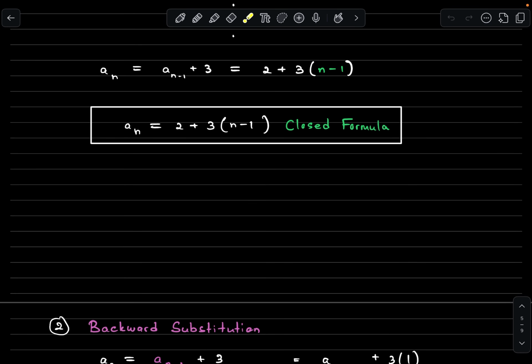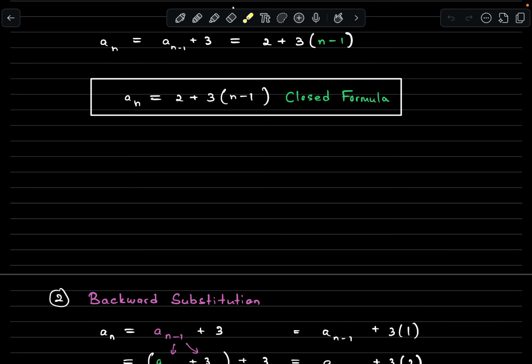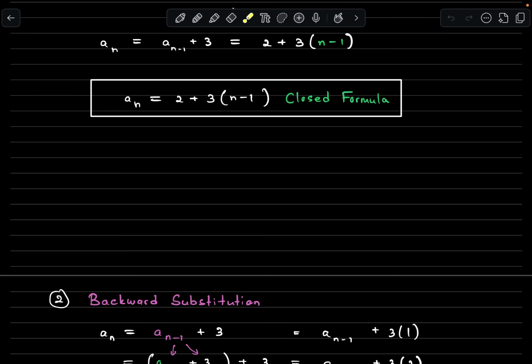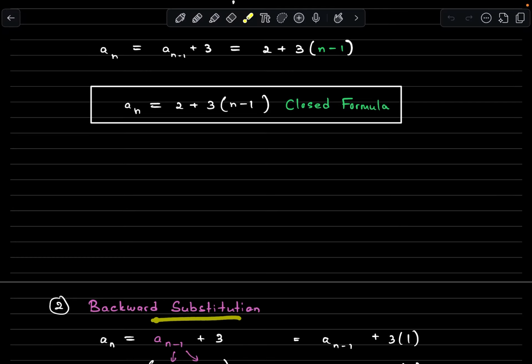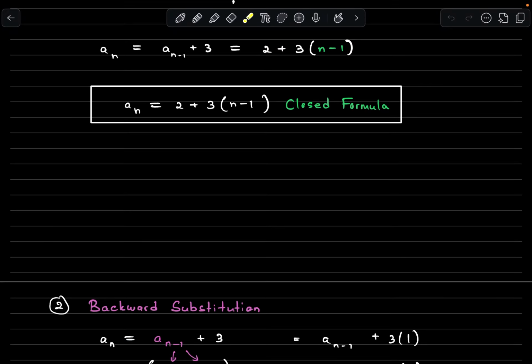So for the same example, let's consider another method. It's called backward substitution. And in some cases, you might find this simpler. In other cases, it might be more difficult, but this is another approach to how we can figure out what that closed formula is. So now we start with that nth term recurrence relation, okay?